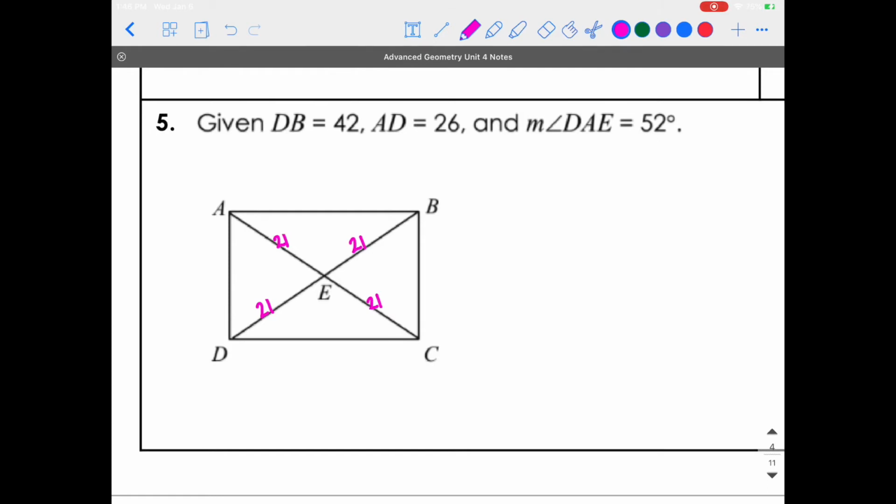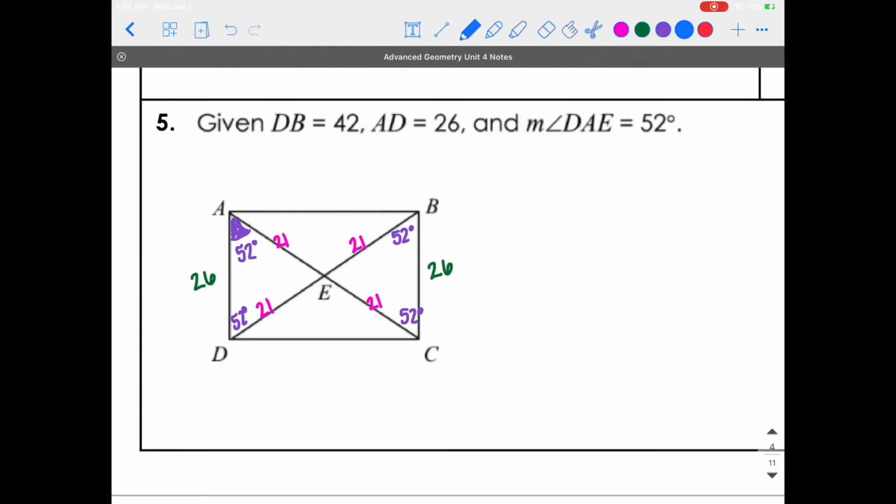If AD is 26, that means BC is 26. And DAE is 52. So we have 52 degrees, 52 degrees, and 52 degrees. And that's going to help us find everything else.